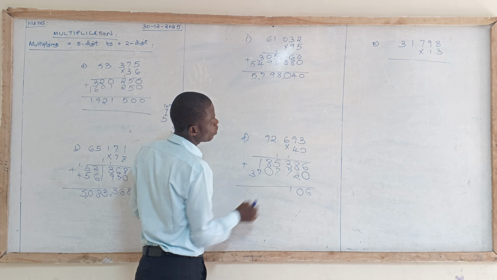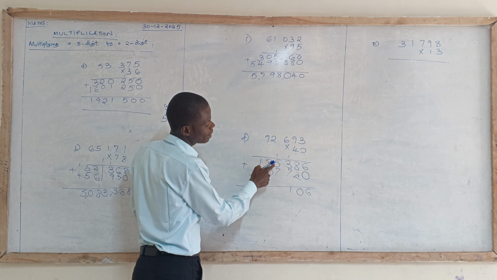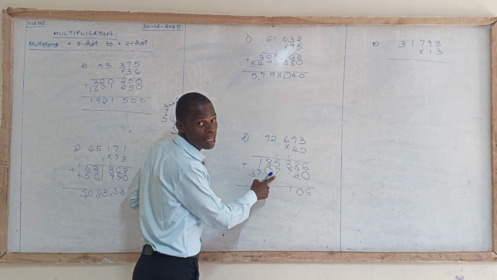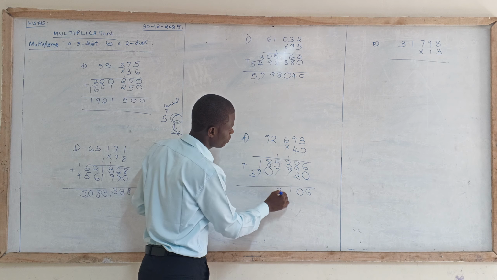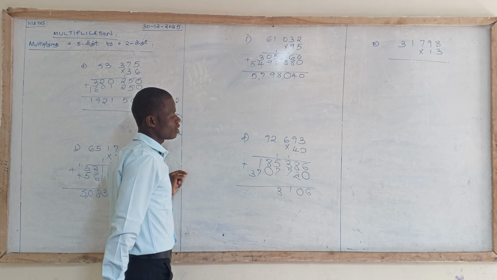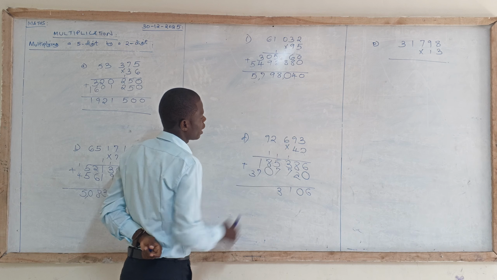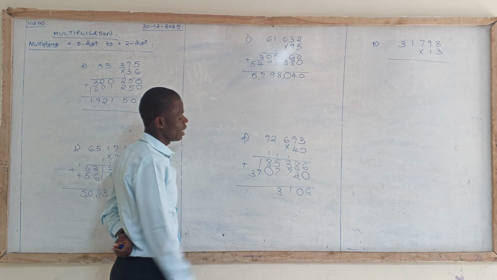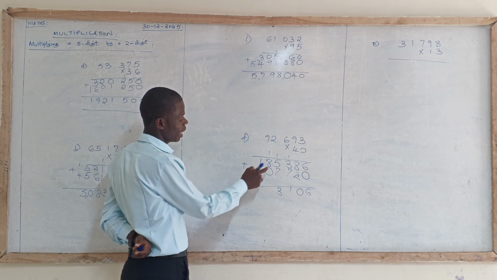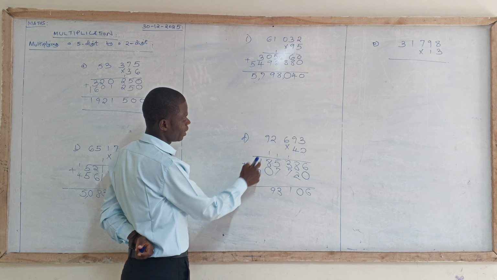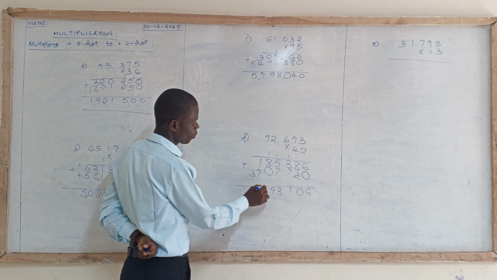Then that 1 carry it here. 1 plus 6 here, 5 here, we have 6. Then plus 7, we have 13. So carry 1 here. 1 plus 8 here, what do you have? 9. Then here we have 9. Then 1 plus 7, we have 8.